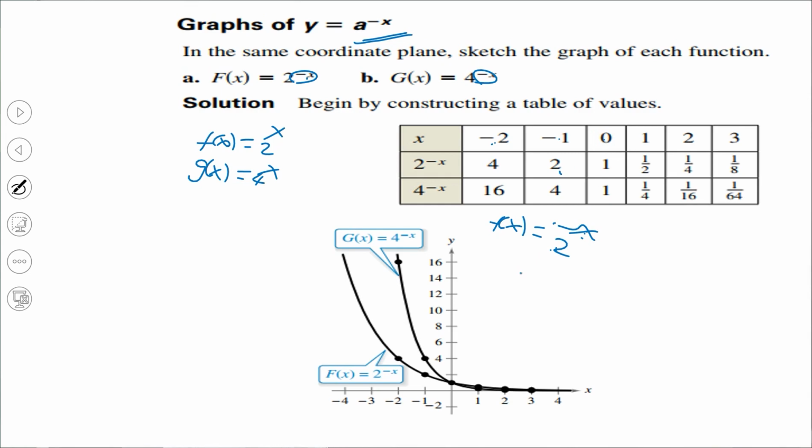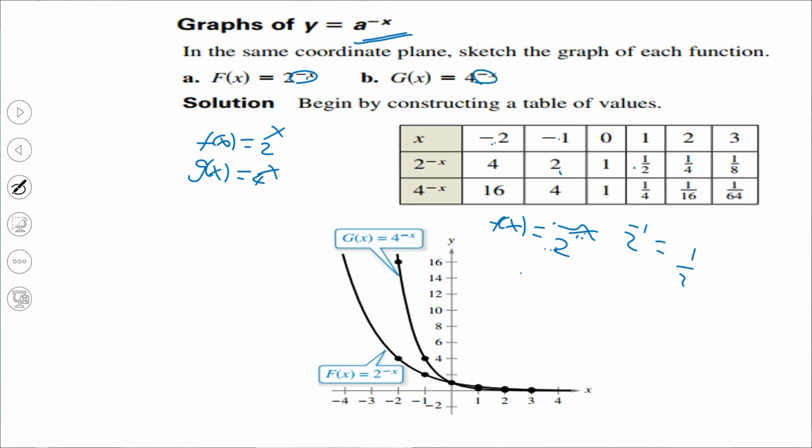If I substitute 0, 2 to the power of 0 is just 1. If I substitute 1, it becomes 2 to the power of minus 1, which is 1 over 2, a half.